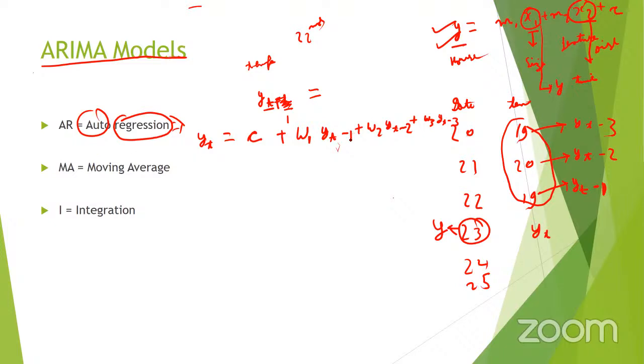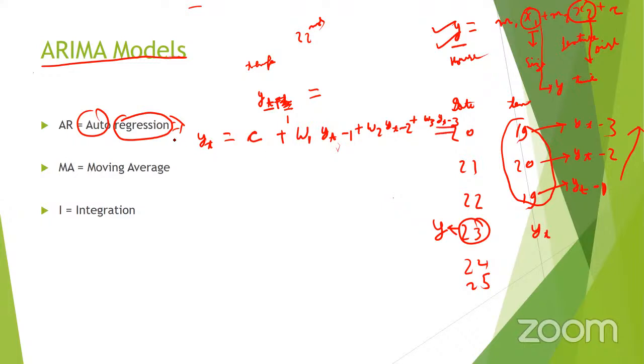Now one question comes into the picture: up to how many previous time steps, previous data points, do I have to take? For example, here I am taking the last 3 data points, the last 3 time steps. That's why it is yt minus 3.